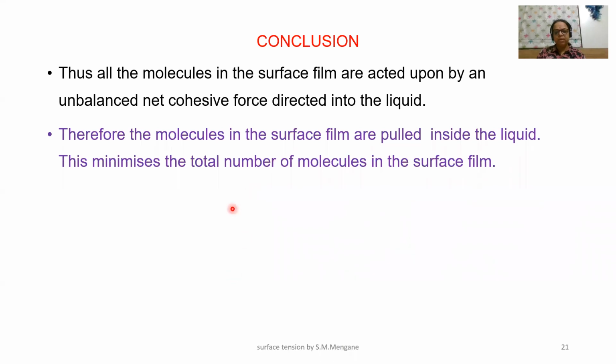Hence, the surface film shrinks and becomes horizontal except near the wall. Near the wall, the film cannot be horizontal. Since it cannot shrink any further, it remains under tension, and thus the surface film of the liquid behaves like a stretched elastic membrane under tension. This is known as surface tension.